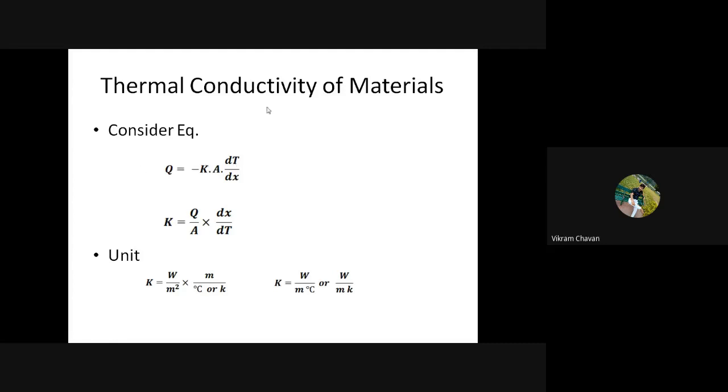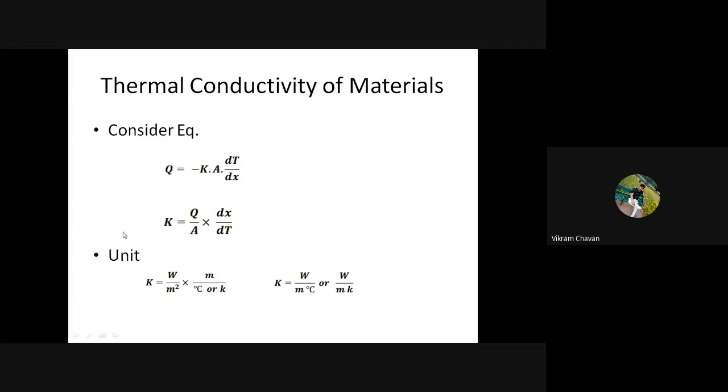In this manner we have converted equation number 1, our initial law equation, into the form of K, which is our thermal conductivity. So K = Q divided by A multiplied by dx divided by dT.